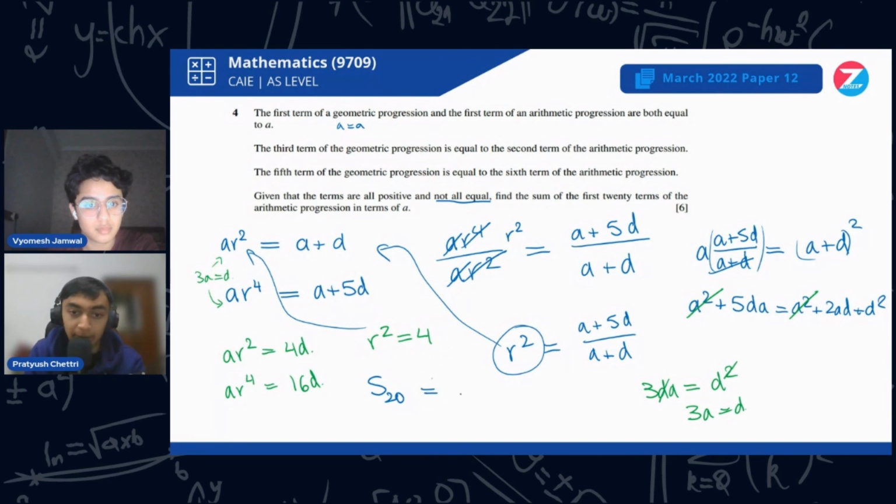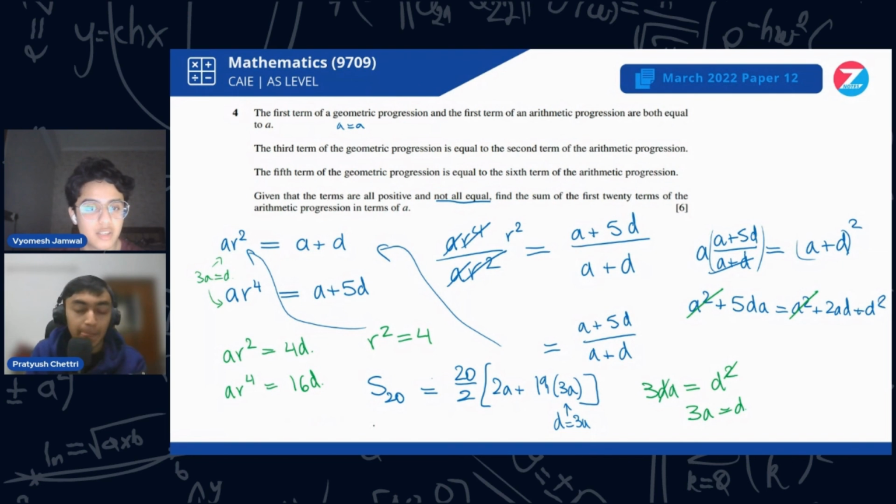times 2A plus 19D. But D is 3A essentially. And then we basically just expand that. So it's going to be 20A plus... You could just expand it.